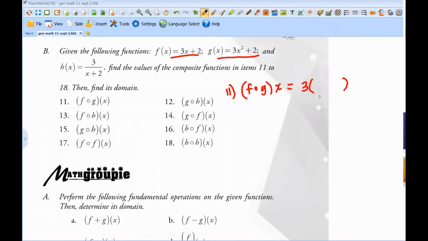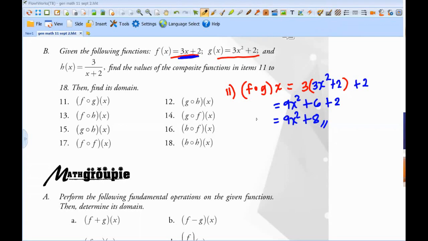It should be 3x squared plus 2. And then another plus 2 here. Because there is 3x plus 2, right? So therefore, you have 9x squared plus 6 plus 2. So 9x squared plus 8. Okay?